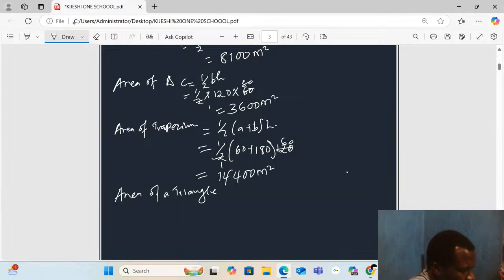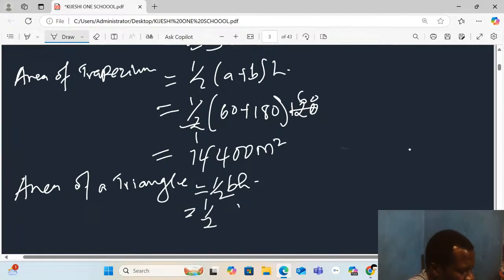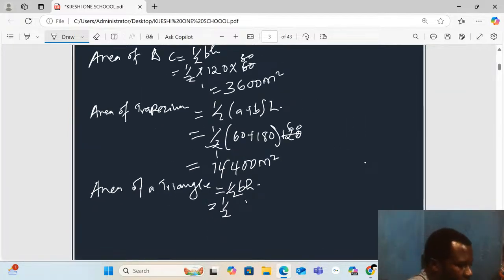Then we move to the area of the last section, and we have the area of a triangle, which is given by a half base times height. We shall have half of 120 times 180.